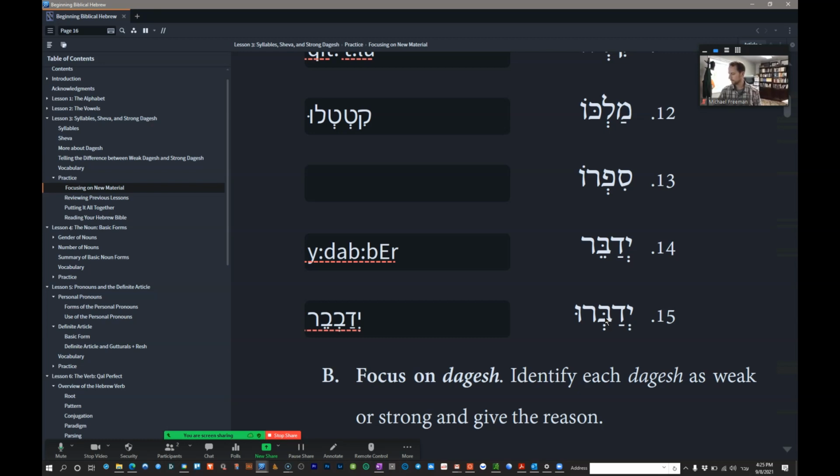If the sound immediately preceding the Dagesh letter, immediately preceding the bait, is a consonant, then the Dagesh would be weak. It would be a Begad Kafat Dagesh.